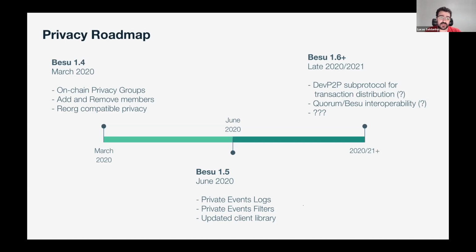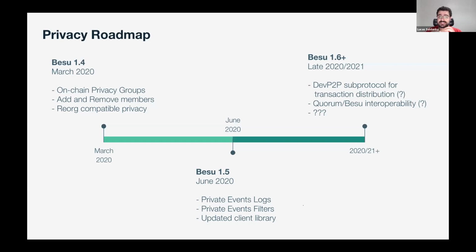Now, early in June, you're going to get Besu 1.5. This is going to bring something that has also been super requested from privacy users: the option of interacting with logs and creating event filters, log filters, for private contracts.